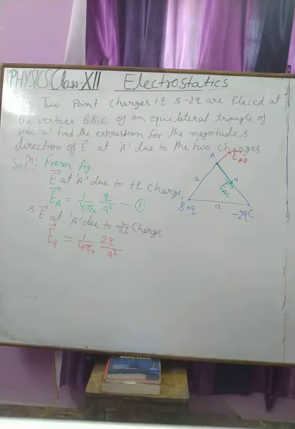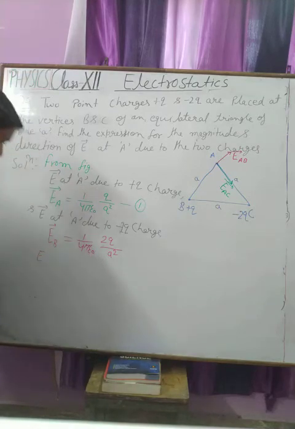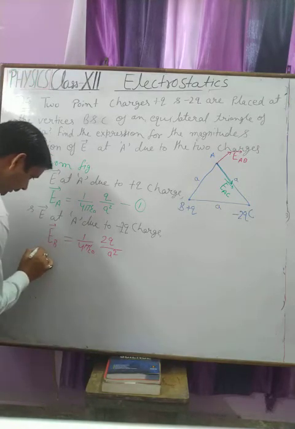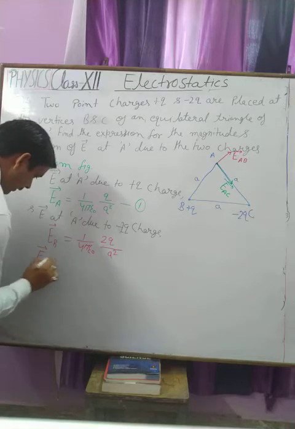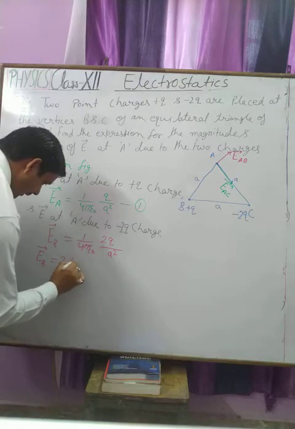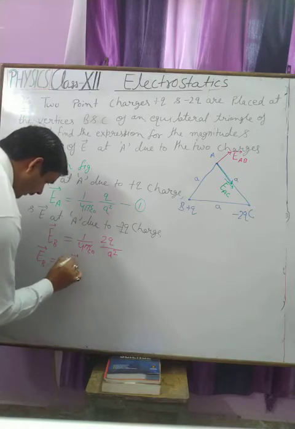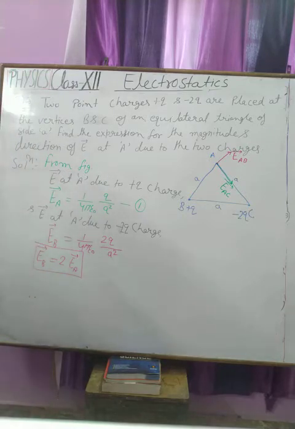Okay, student. Therefore, we are able to calculate this electric field EB is equal to 2 into the electric field EA, as you find by these two relations.